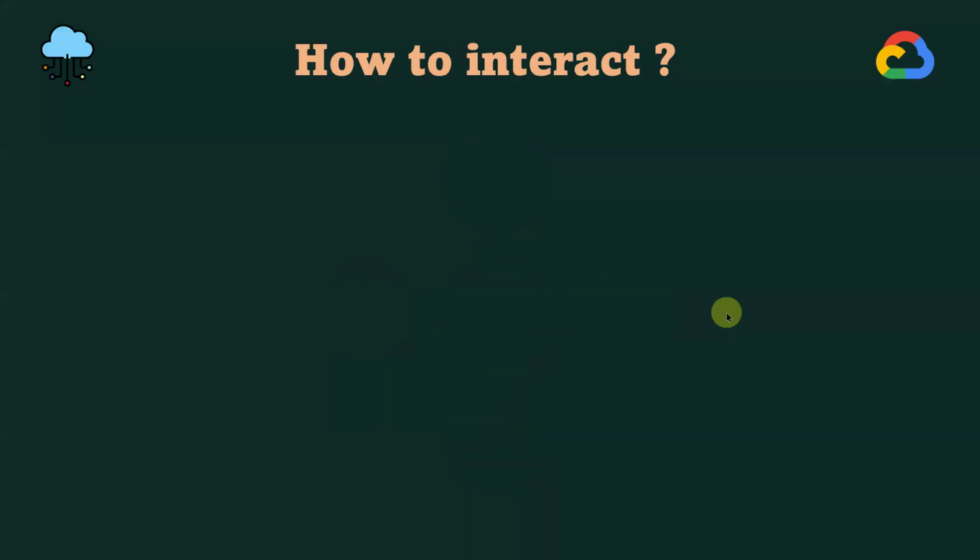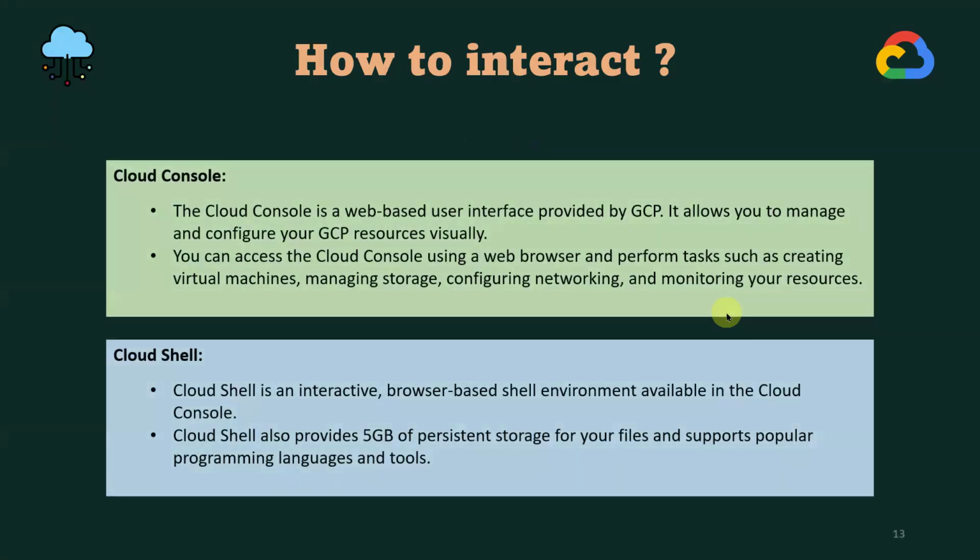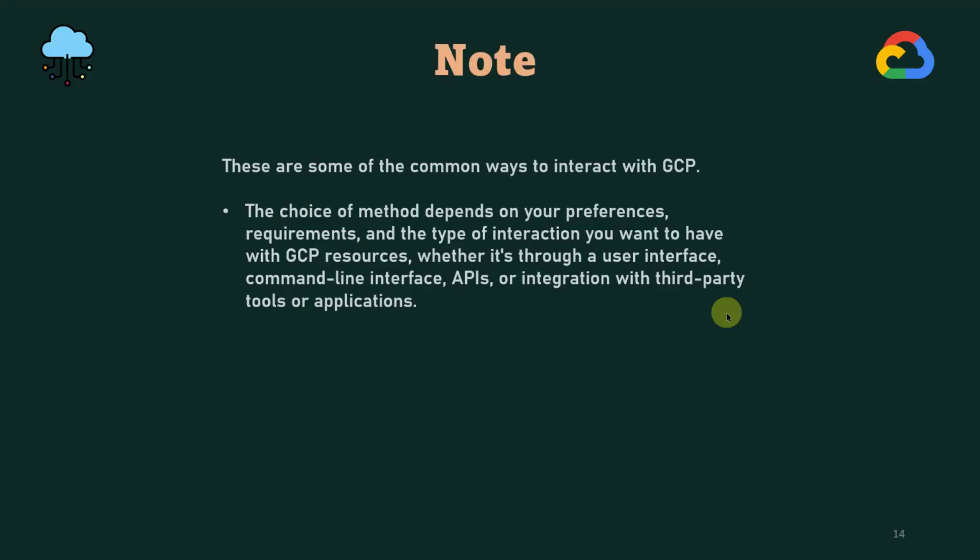A simple note I have, guys: these are some of the common ways to interact with GCP services. The choice of method depends on your preference, requirements, and the type of interaction you want to have with GCP resources. Someone may ask, sir, which is commonly used?